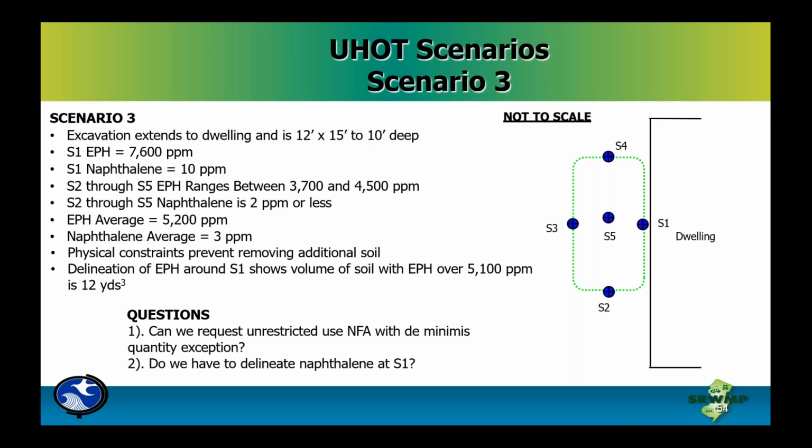John was looking at getting rid of the 3,700 to 4,500 parts per million by excavating and hoping to come up with an average of less. That was actually one of our other scenarios where we just dug out more soil. But that still leaves us with S1 at 7,600, and we're not under the house, so we can't use the de minimis quantity exception here.